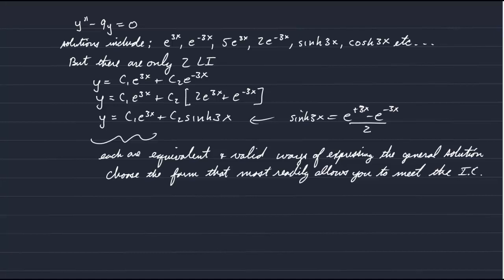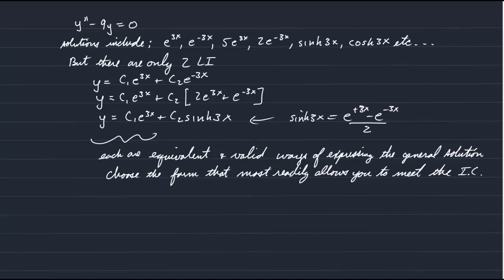So depending on the initial condition, it may be easier to express the solution in terms of a hyperbolic sine or as an exponential function. And Greenberg goes through some more details of why that might be.